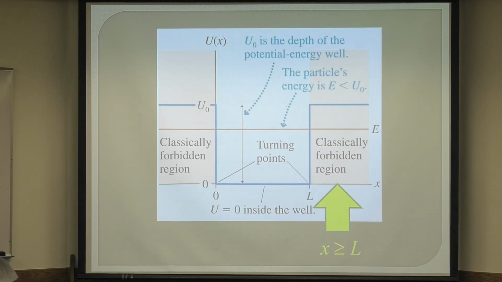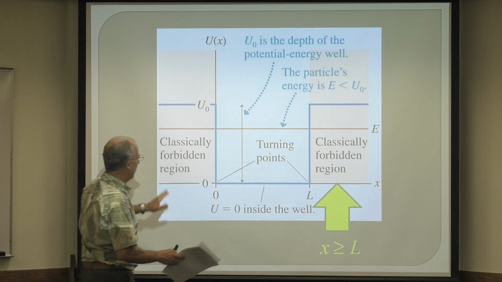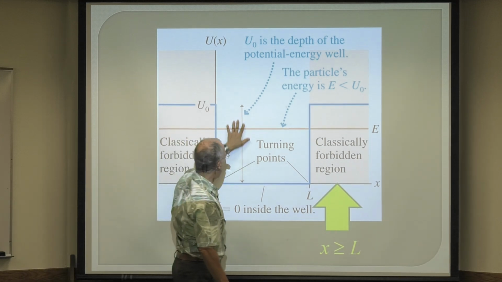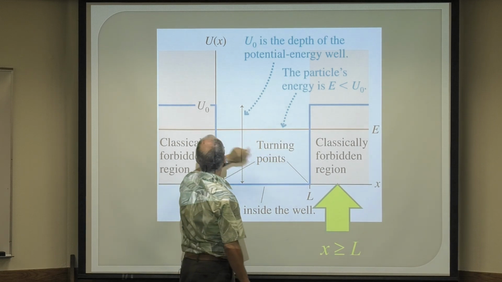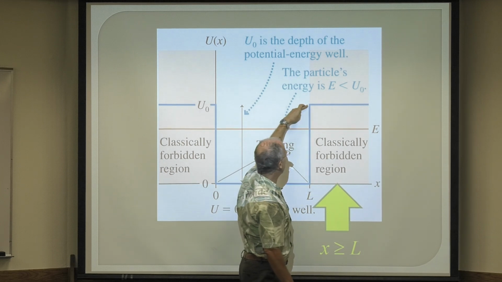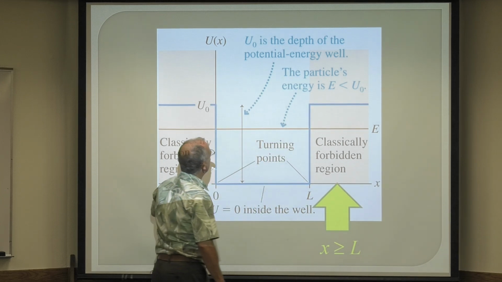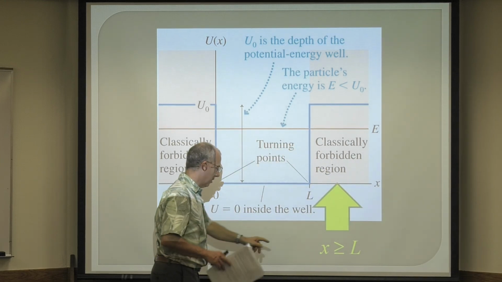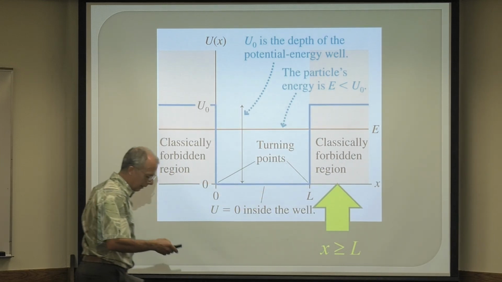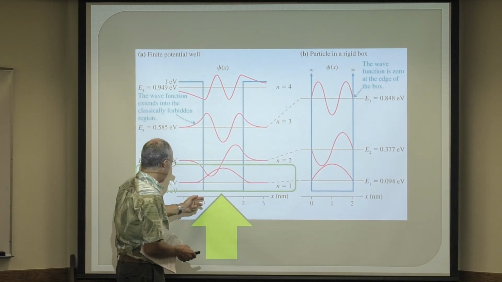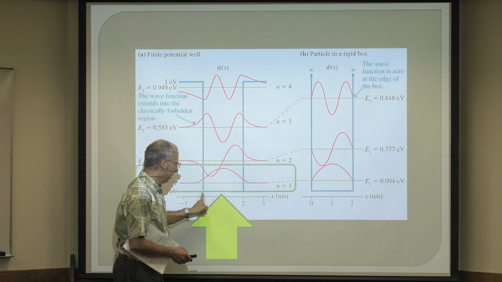Okay, so this is kind of too much stuff on this drawing. So here's the well. Here's the energy E. Here's the 1 eV height. This is the classically forbidden region, so it says X is greater than L. We're saying that this is L, the length, 2 nanometers.